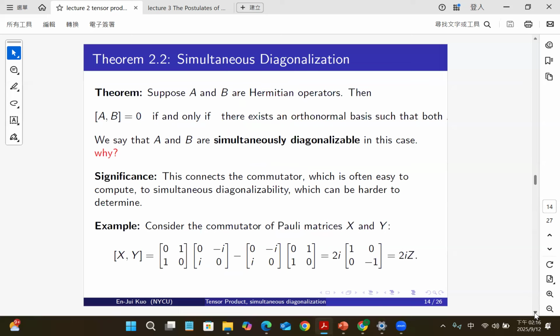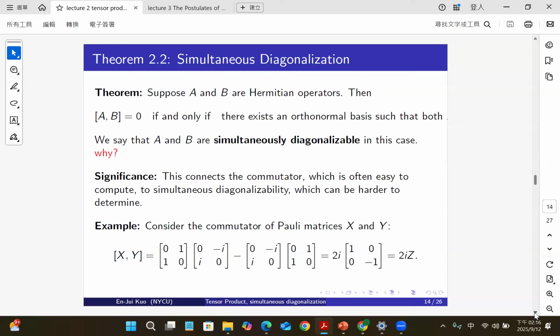Suppose A, B are Hermitian, then they commute if and only if there is a common basis. In this case we say they are simultaneously diagonalizable. So the significance is basically that if you want to test whether these two matrices are simultaneously diagonalizable, then you just need to compute their commutator. So for example, I want to ask a very trivial question: whether x and y polynomial has the same eigenvector, that can be simultaneously diagonalizable.